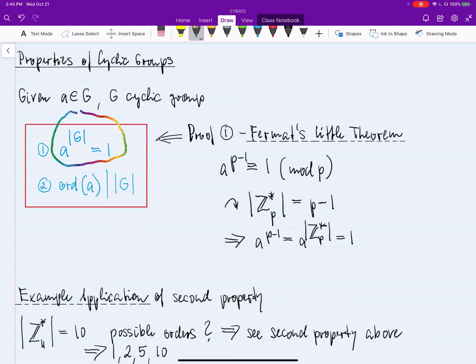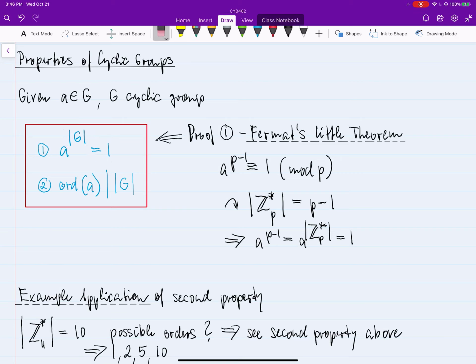And specifically for generators, the exponent needs to be the group order. However, some elements that are not generators will yield this one here with fewer than order of group exponent multiplications.